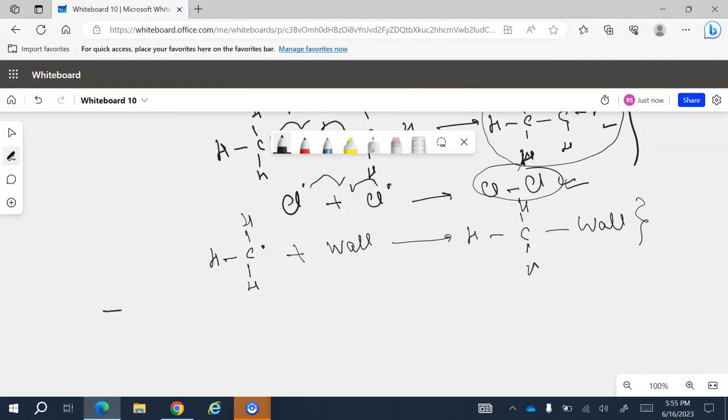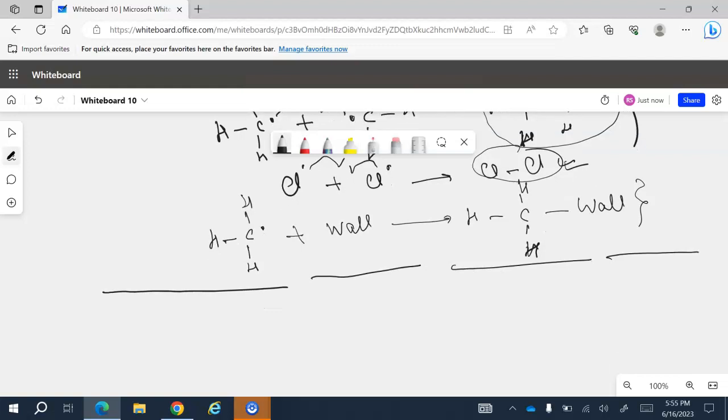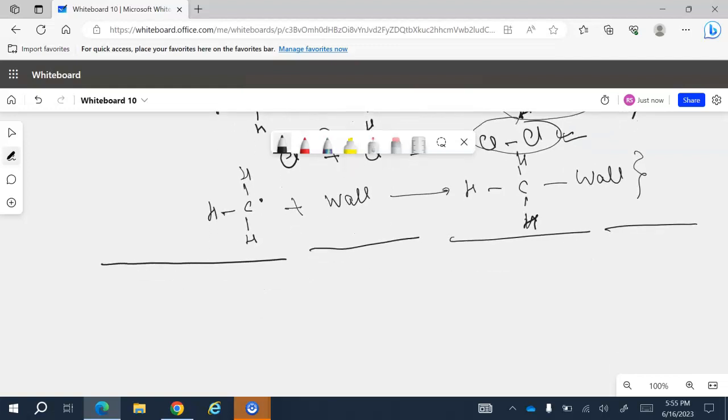Now, this simple example you can extend to various types of halogenation mechanism. Say for example, one problem: suppose you are asked what is the mechanism for this halogenation reaction.